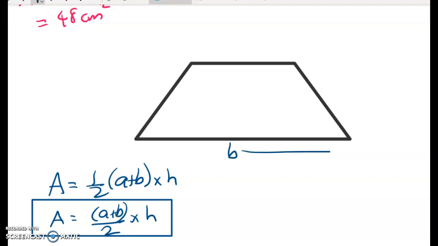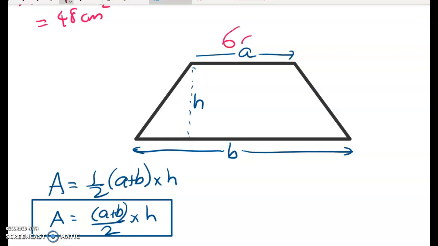We call this one here B for the base, and we call the parallel one to it up the top A, right? And then, as usual, H is the perpendicular height. So what we're doing is taking these 2 numbers. Suppose this one is 6 centimeters and this one is 10 centimeters. We're just taking the average of those 2 numbers, and then we're timesing them by this.